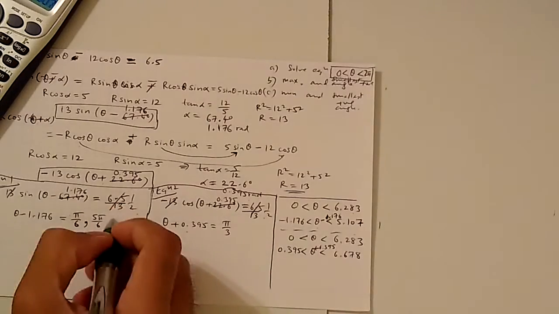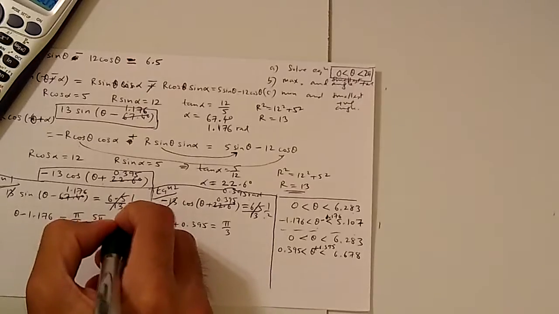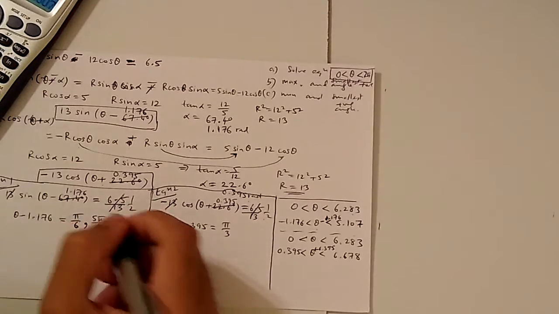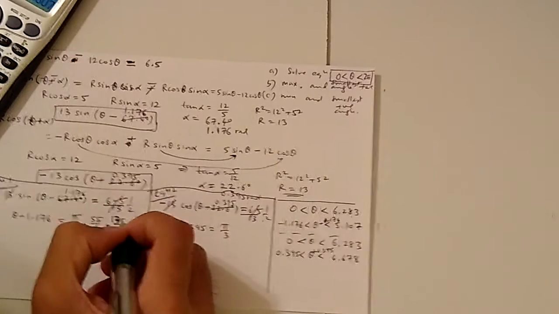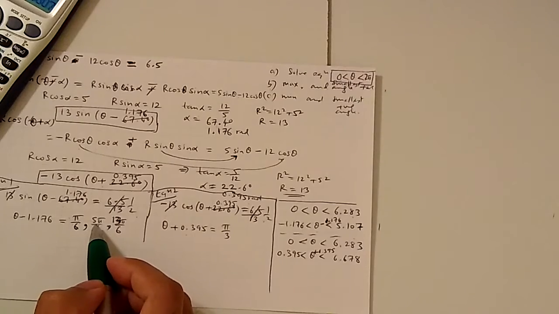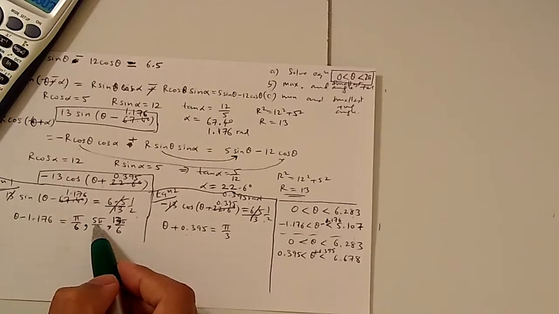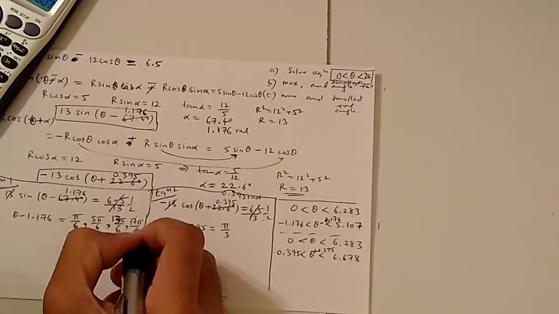If you add 2 pi to this, you'll get, not 7 pi by 6, excuse me, you'll get 13 pi by 6. If you add 2 pi to this one, you'll get 17 pi by 6, but that is definitely going to be out of range. You can still write it down. Let's write it down, 17 pi by 6.